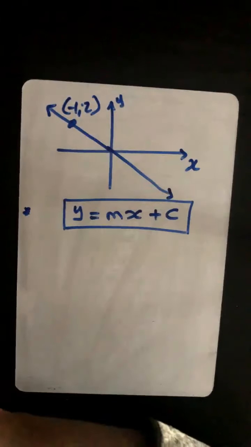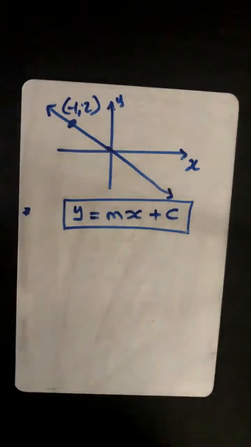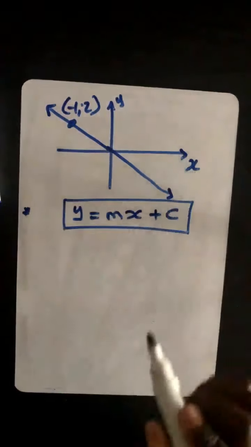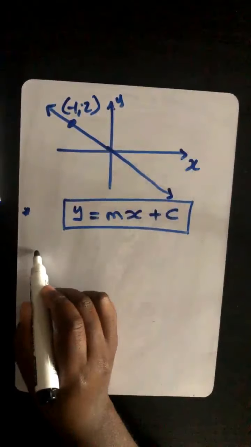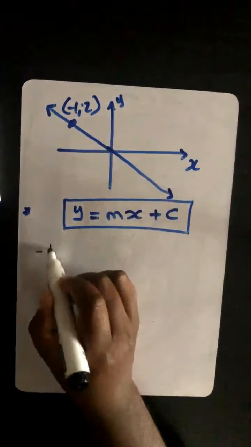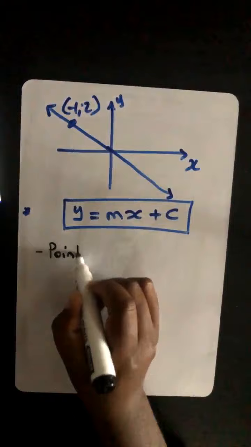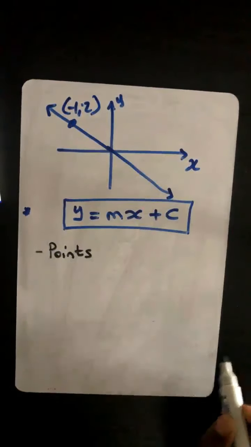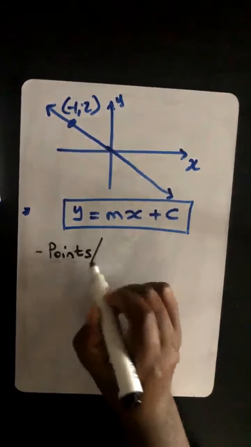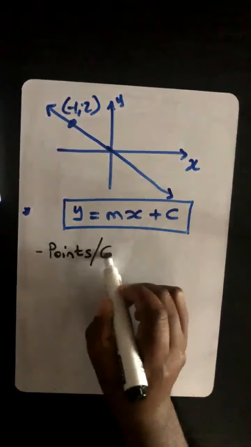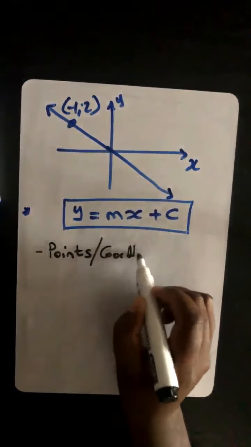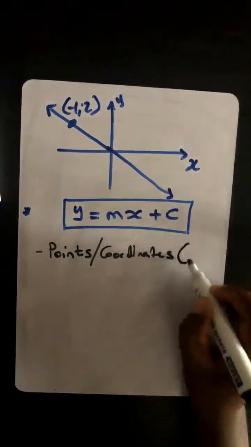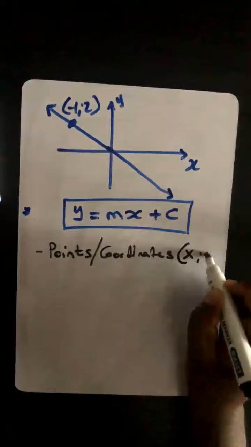Okay, so I'll explain. So Trias, you can just note this one down. So now that means going forward when you talk about the points, a point is the coordinates, which is the x and the y value.